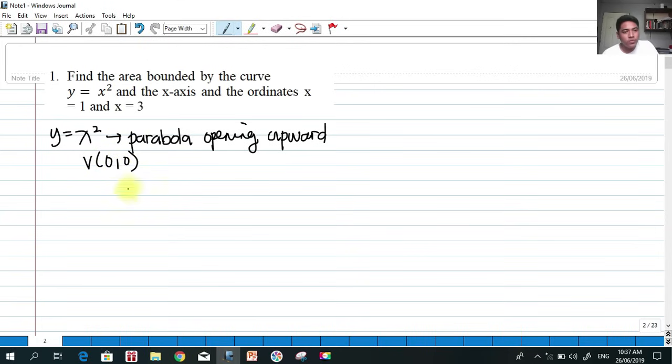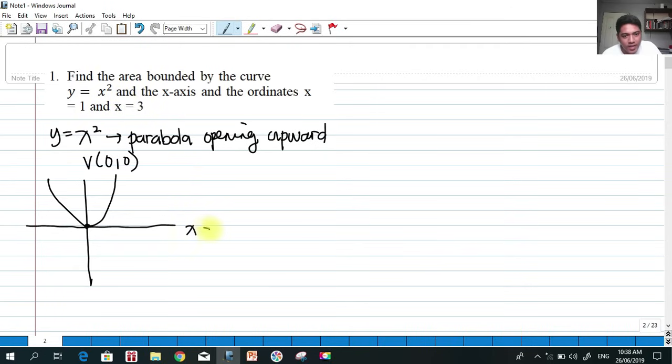So what are you going to do? You're going to first make a sketch of that parabola with its vertex at 0, 0. So here is our parabola. It says find the area bounded by the curve of the parabola and the x-axis.